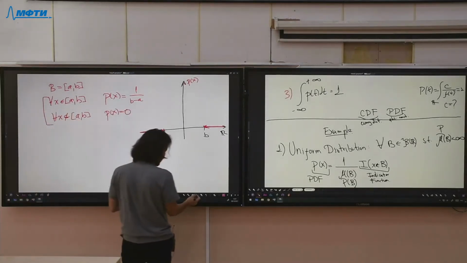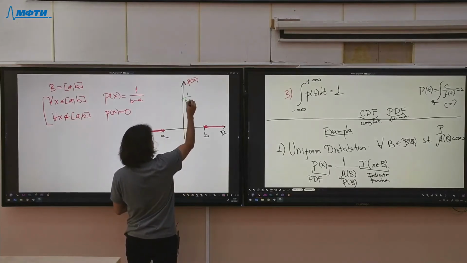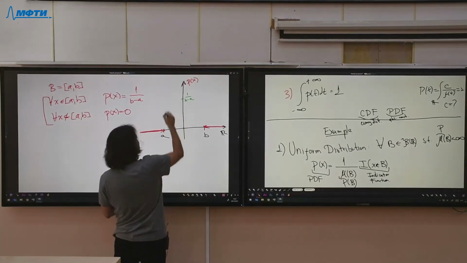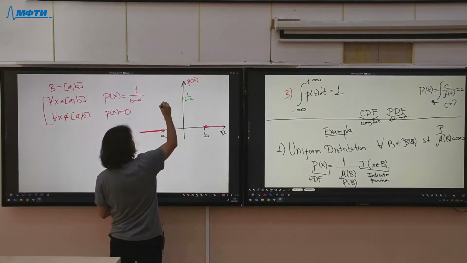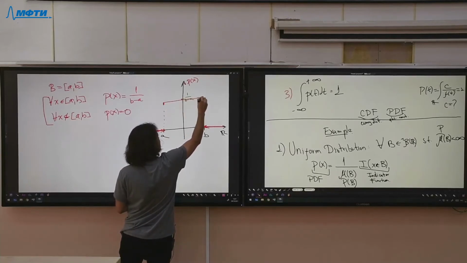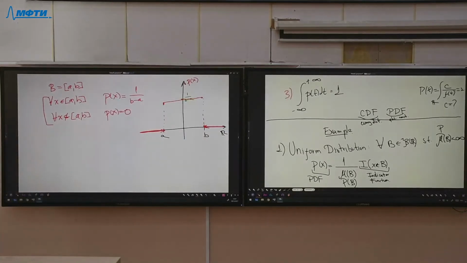So somewhere here, we have 1 over b minus a, right? And then here we have that. This is the PDF of the uniform distribution.